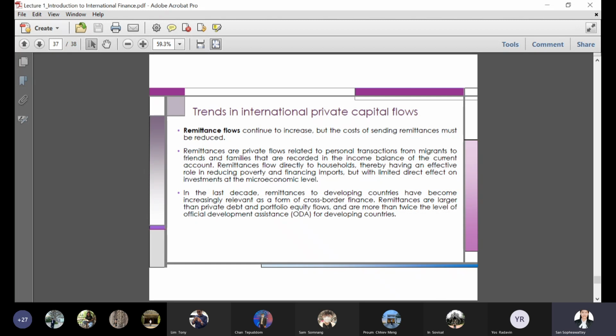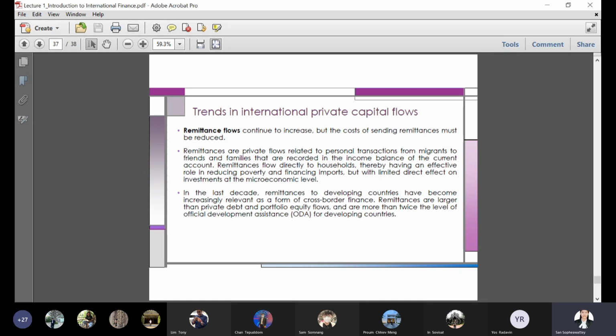And remittances are actually private flows, more related to personal transactions, especially from migrants to friends and families, and they are recorded in the income balance of the current account.